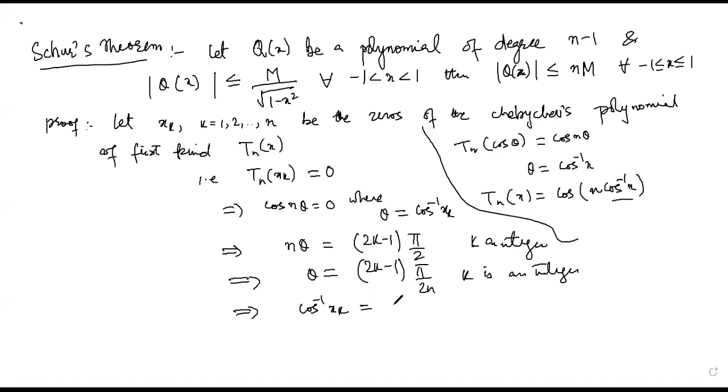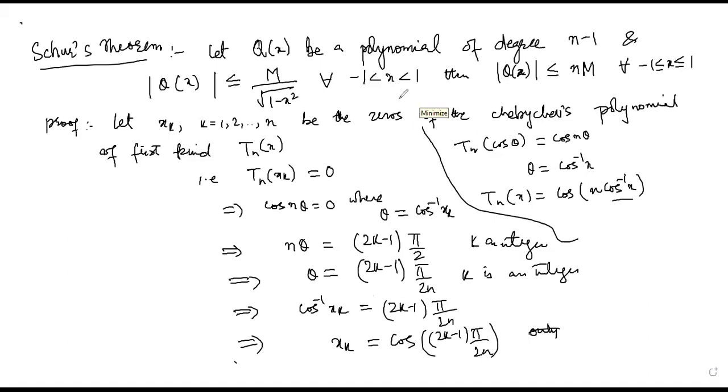So cos inverse of x_k is equal to (2k minus 1) pi by 2n, which means your roots will be cos of (2k minus 1) pi by 2n. Of course these are infinitely many values, but only n would be distinct; we keep giving k values from 1 to n, after that they will repeat.